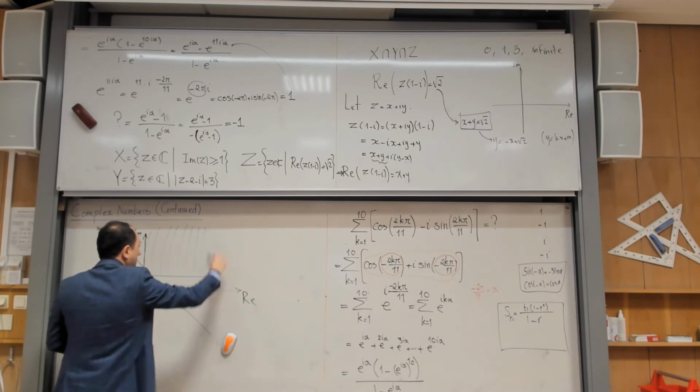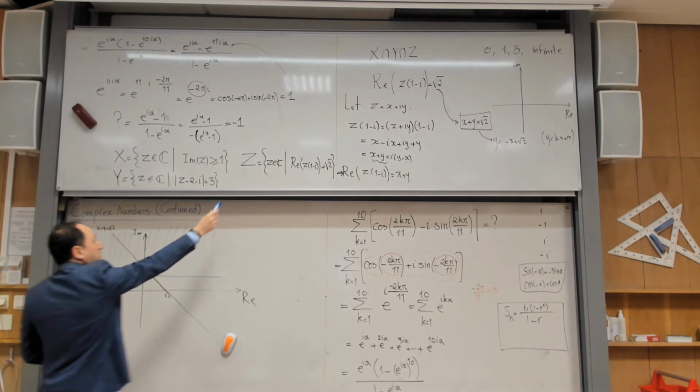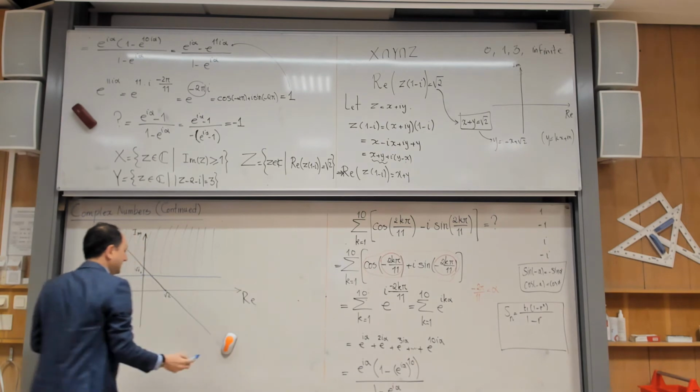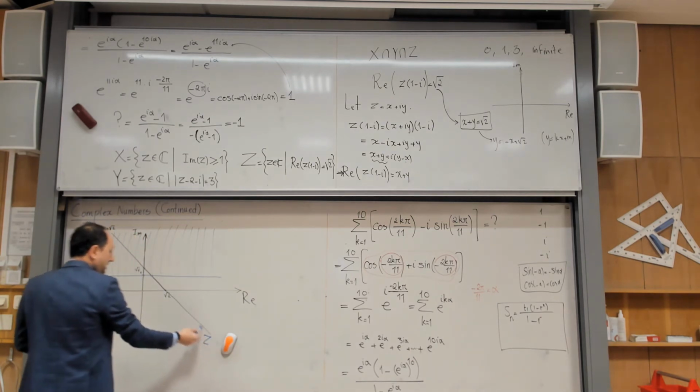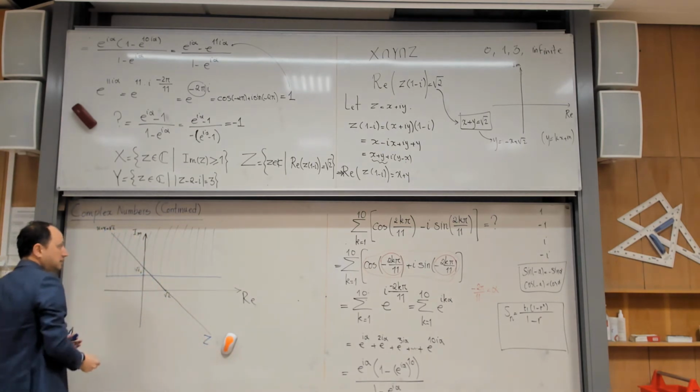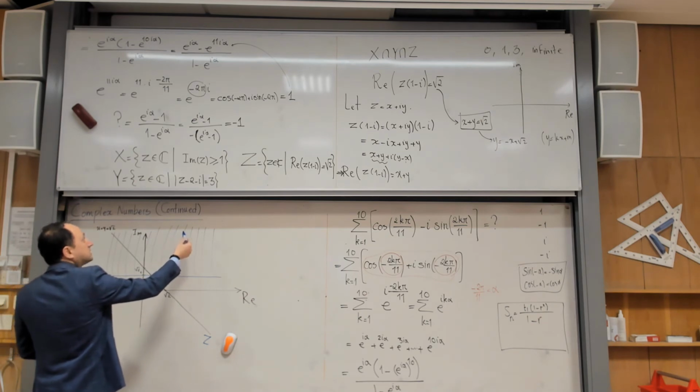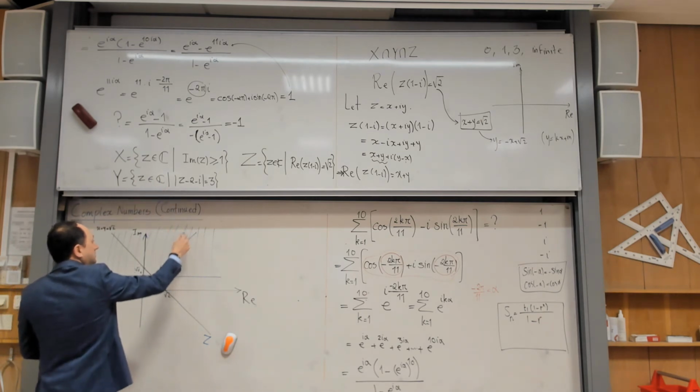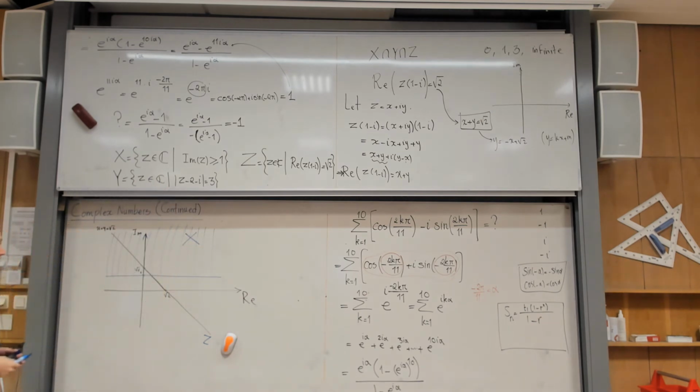So if I ask you what is this set? This is the set Z. Yes? And this blue one is the set X. So can you tell me what is the common part? Because we are interested in the intersection, so we are interested in common parts. So far, what is the common part?